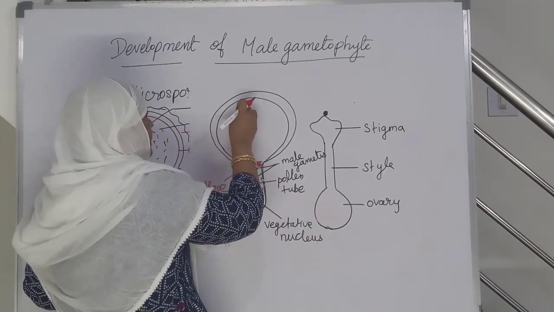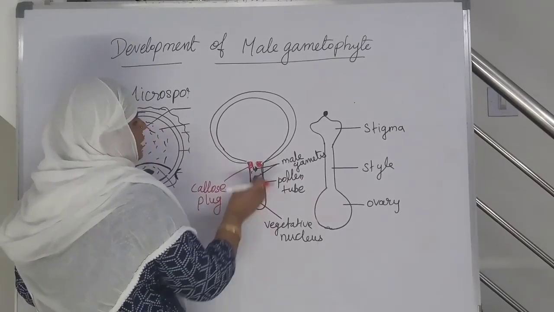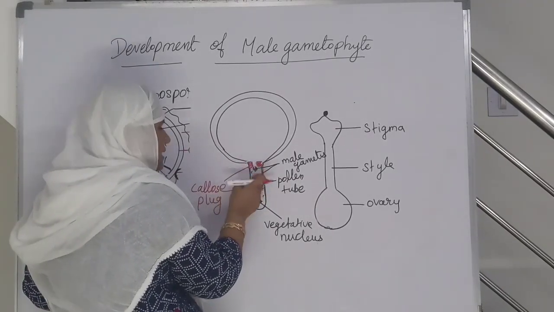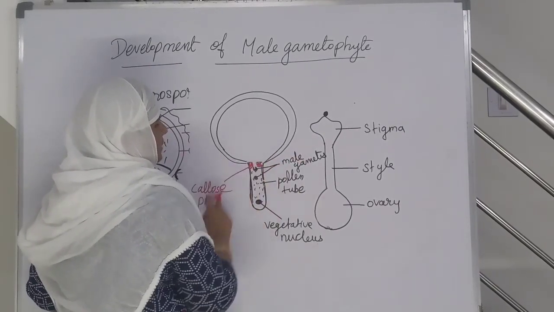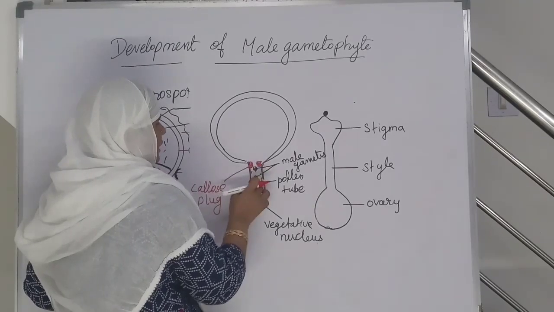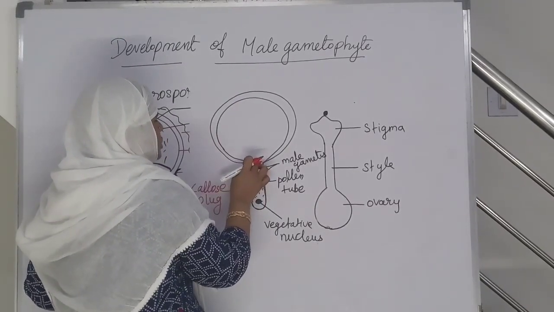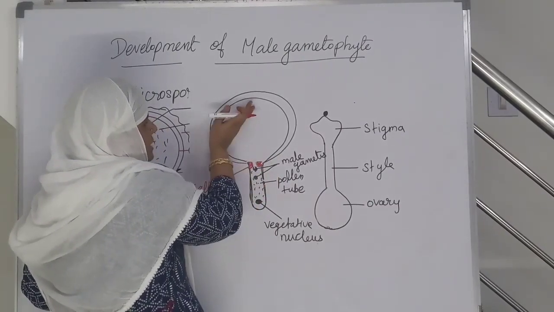The vegetative nucleus enters into this pollen tube, and the generative nucleus divides mitotically and forms two male gametes. After everything is poured into this pollen tube, the callose plug is formed here to prevent the backflow of the substances.